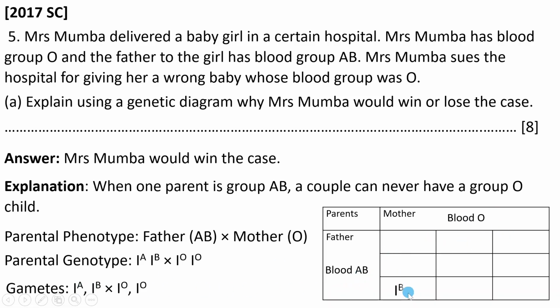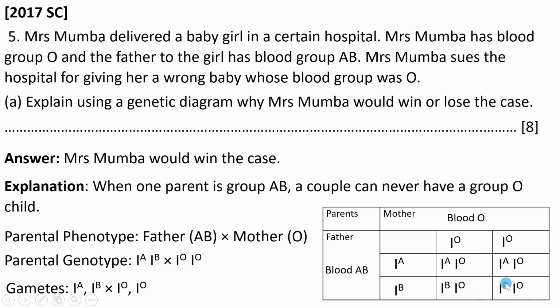So for the father, we'll have B and A here. And for the mother, it will be OO. So father AB, mother OO. So here they'll contribute to each other. There will be AO. Here again we'll have BO. Here we'll have AO. Here we'll have BO.